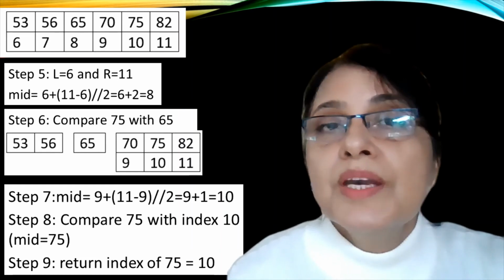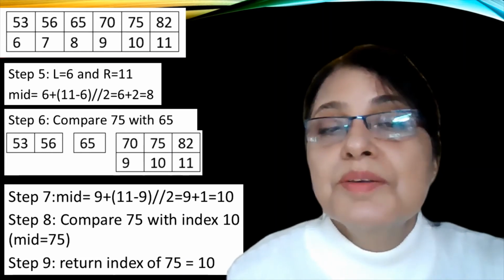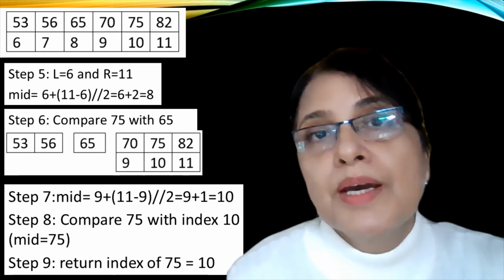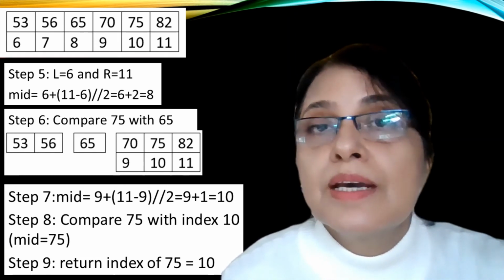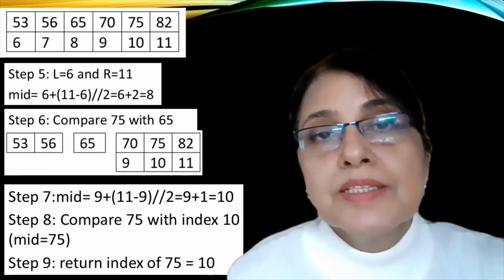And here we have L as 9, R as 11, and we get the mid index as 10. We compare 75 with the number at index 10, and it turns out to be 75, which means that it will return the index of 75, that is 10.